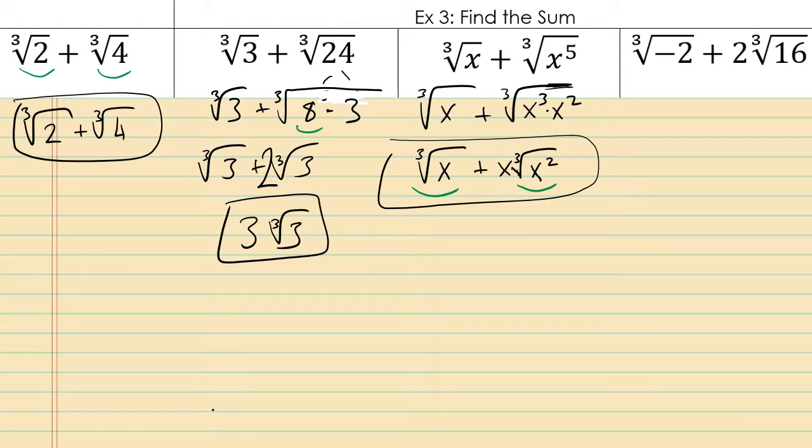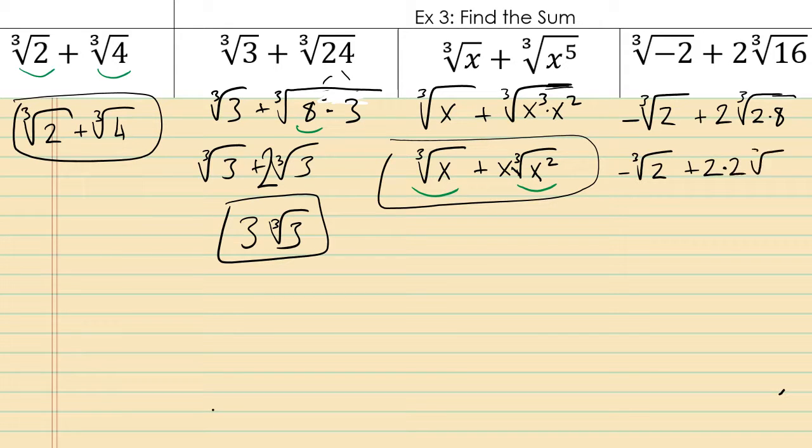Let's look at the last one here. Take the cube root of -1, that would be negative cube root of 2, plus 2 cube root of 2 times 8. I know 8 is a perfect cube. I will write negative cube root of 2 plus 2 times 2 cube root of 2.